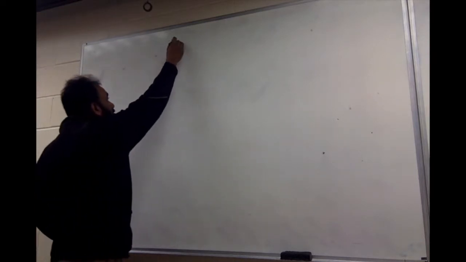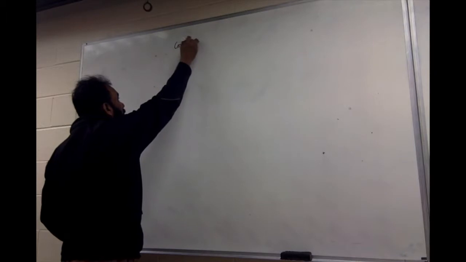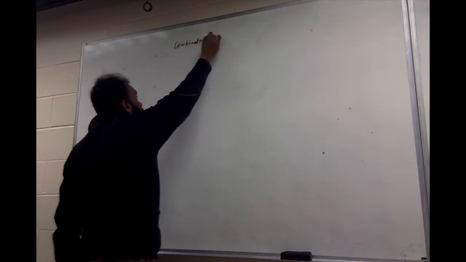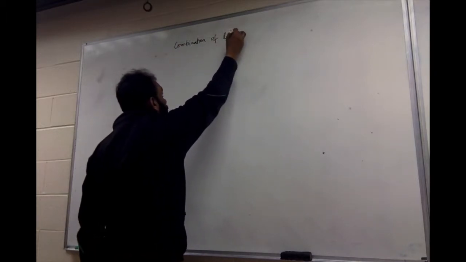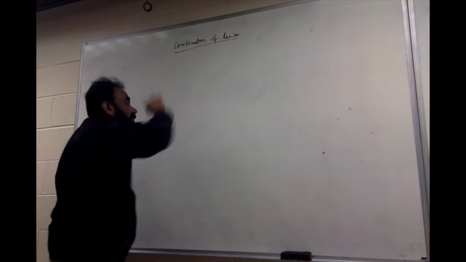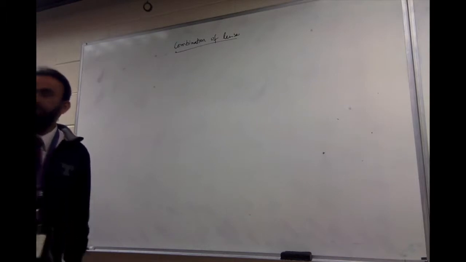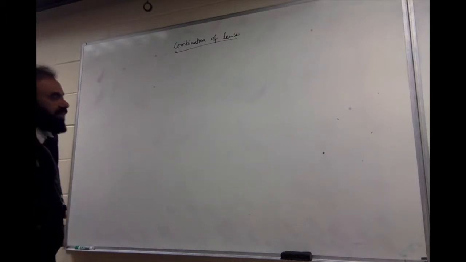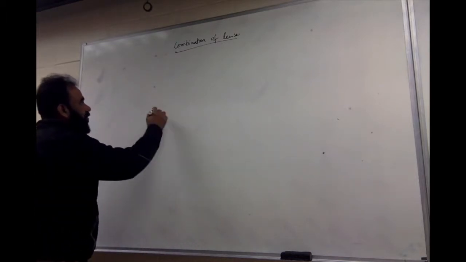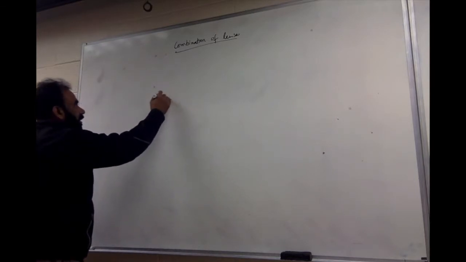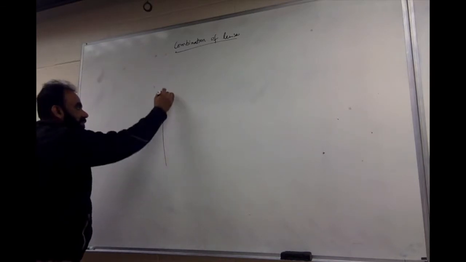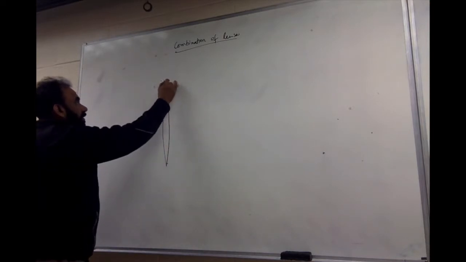All right, let's do a problem, combination of lenses. Now, you don't have to have just a combination of lenses. You can actually have a combination of lenses and mirrors, but I'll just do a combination of lens situation. Suppose you have a convex lens whose focal length is 60 centimeters.